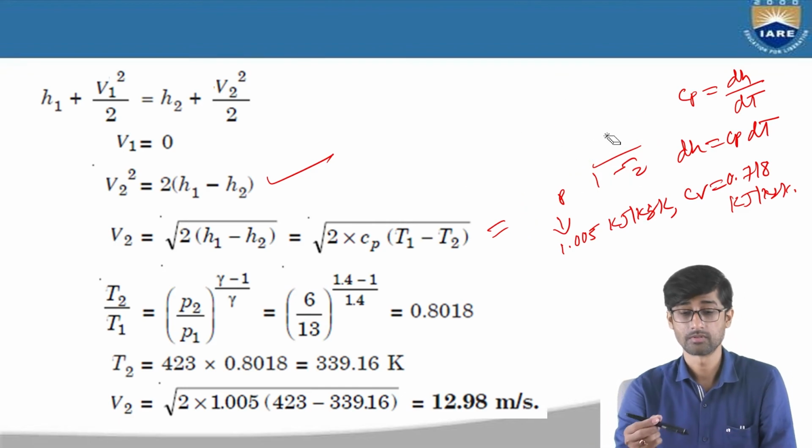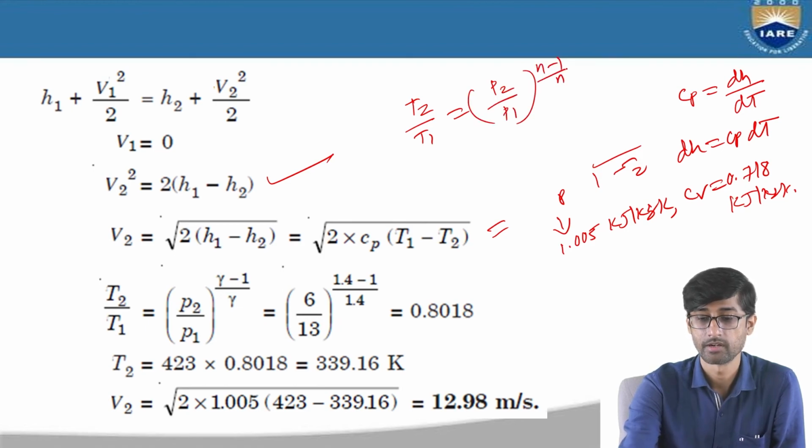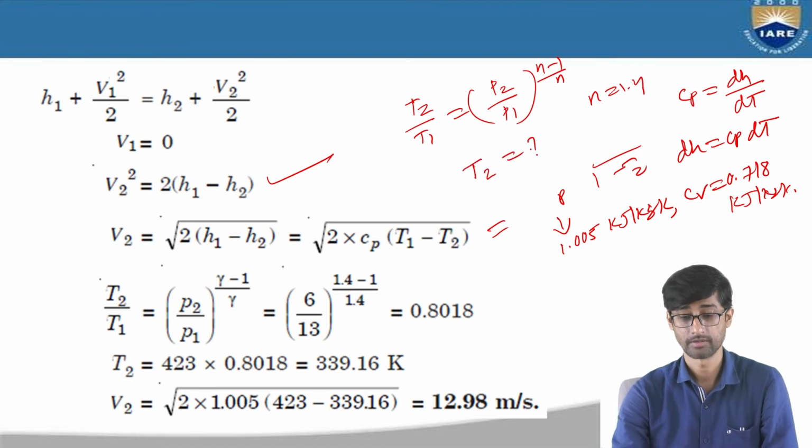Since it is isentropic flow, we apply the thermodynamic relations. T2 by T1 will be equal to (P2 by P1) to the power (n minus 1) by n, where n is 1.4 for air. From this equation, you calculate the value of T2.